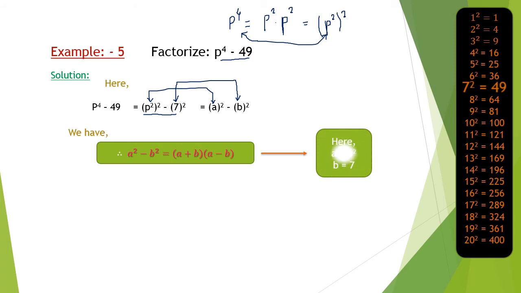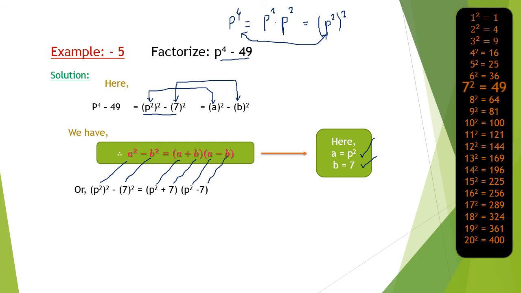It's a confirmation that a is equal to p square, b is equal to 7. Now we have to replace a by p square and b by 7.